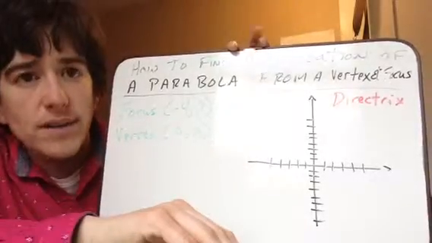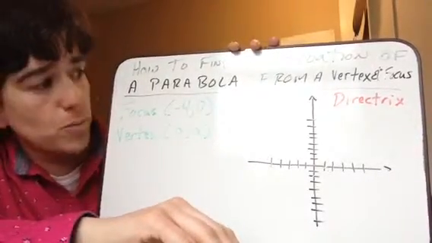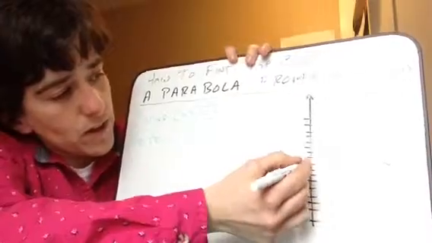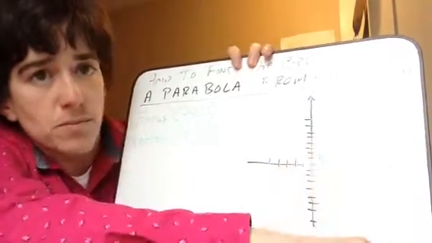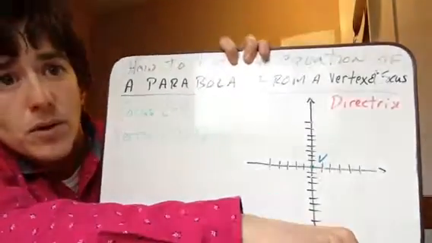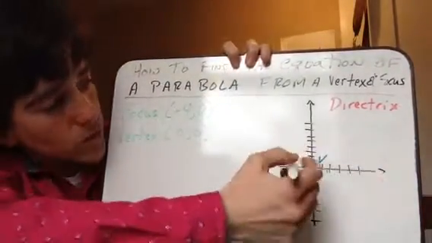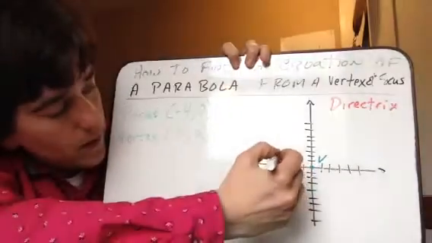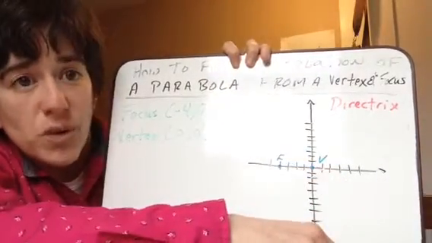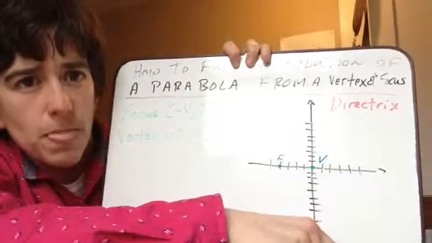So step one is I'm going to plot those 2 points. I'm going to put a dot to represent the vertex, which I represent by the letter V, and I'm going to then plot my focus, which is at -4, 0, and I'm going to put an F for focus, and I've got those 2 points plotted.